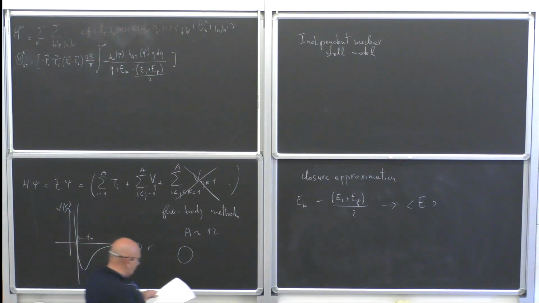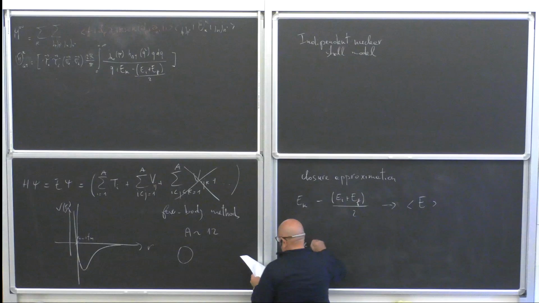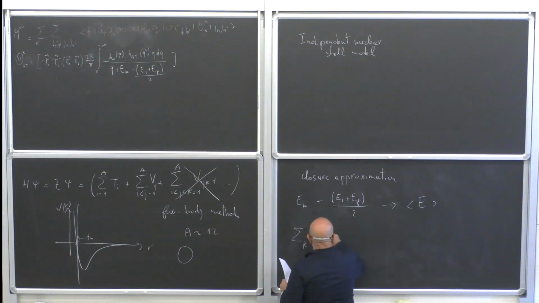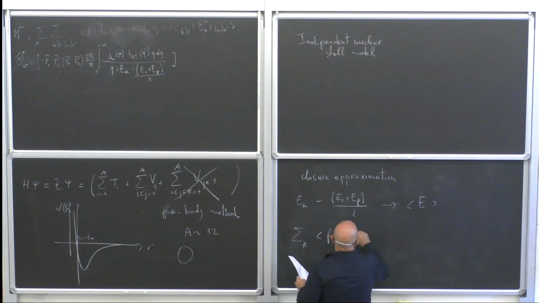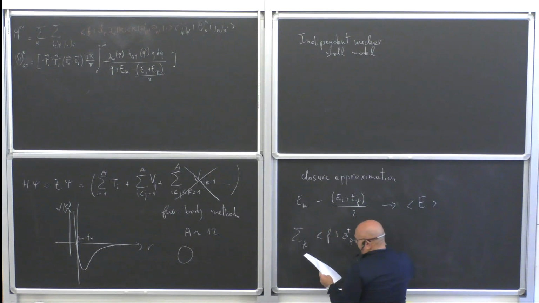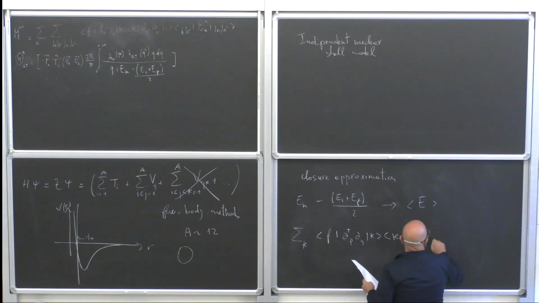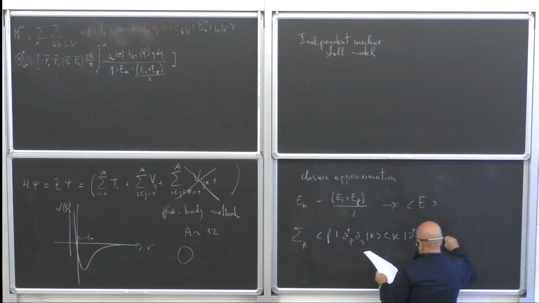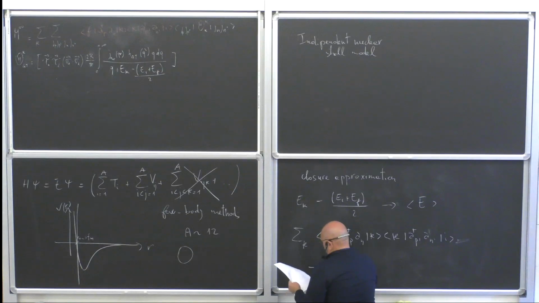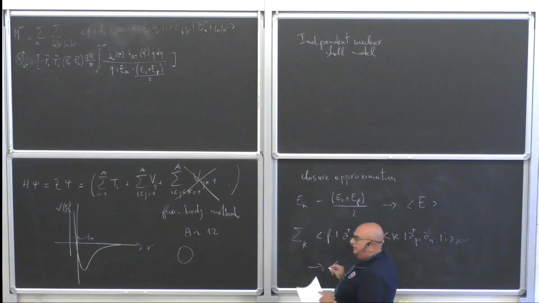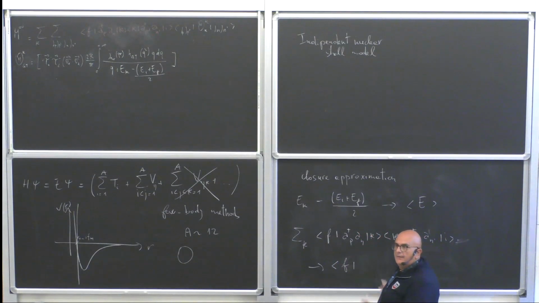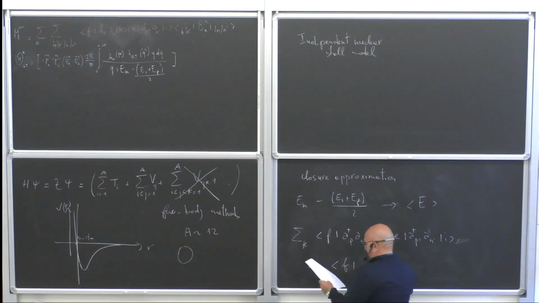Then you move from a summation over K of the one-body density matrix elements into a two-body density matrix element between only the final and the initial state.